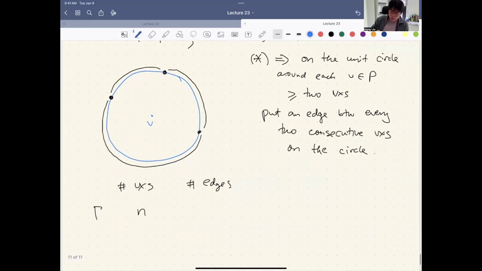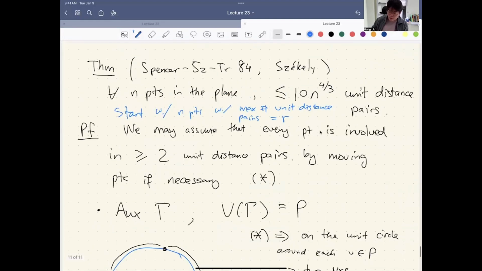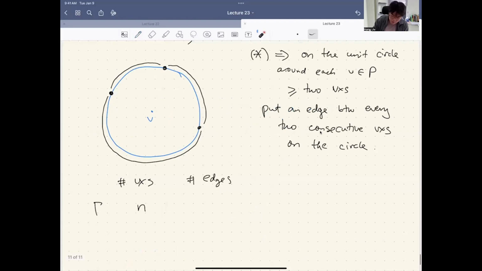Then, if the number of unit distance pairs is R, look, you have a unit distance pair here. From each point of view, I want to claim the number of edges is 2R. That's what I want to claim. How do I explain that?